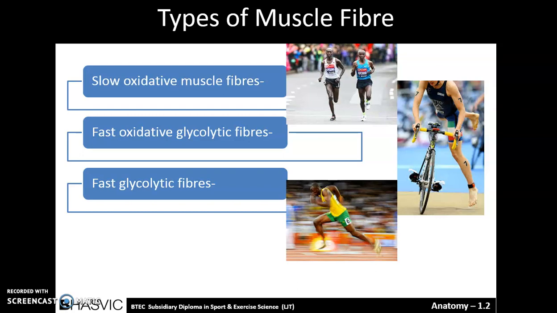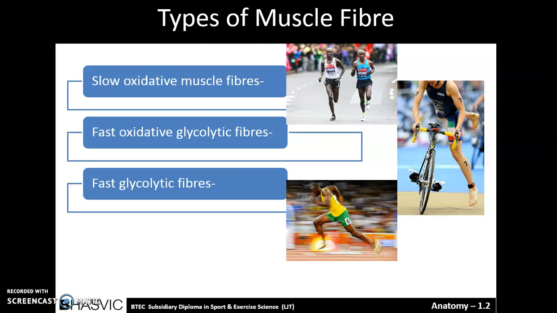The main energy store of slow oxidative fibres is glucose, fats and sometimes proteins. They are highly fatigue resistant due to this. Fast oxidative glycolytic fibres use the glycolytic energy system, which means lactic acid.